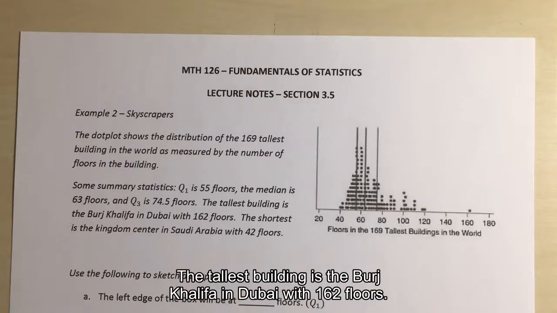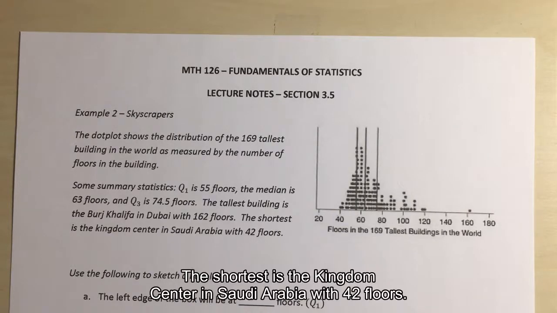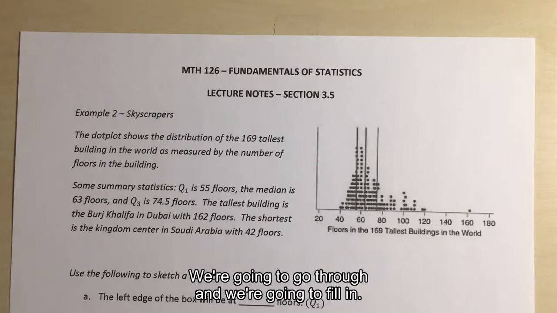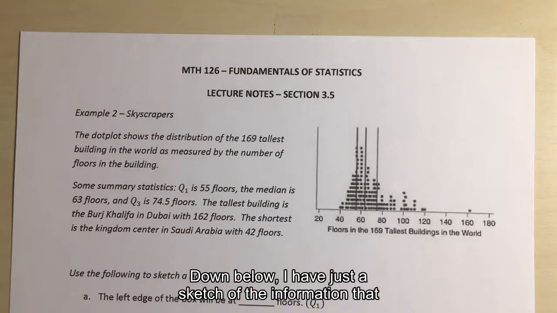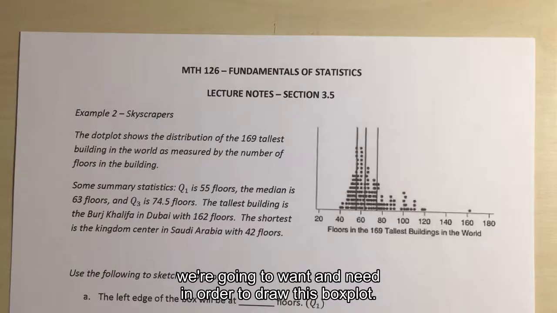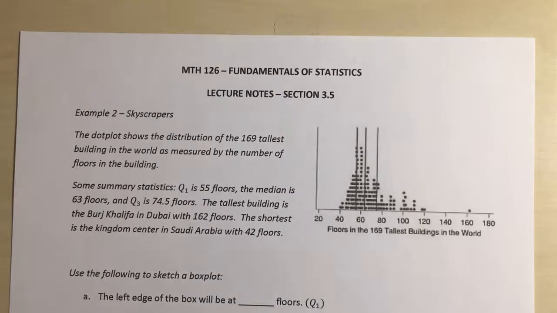The tallest building is the Burj Khalifa in Dubai with 162 floors. The shortest is the Kingdom Center in Saudi Arabia with 42 floors. All right, so down below I have just a sketch of the information that we're going to want and need in order to draw this box plot.